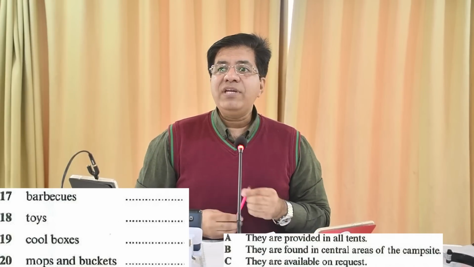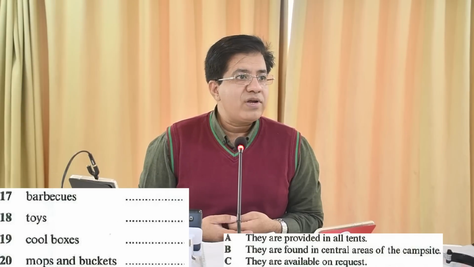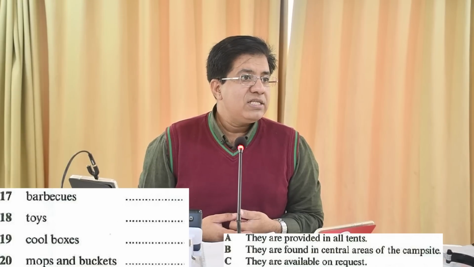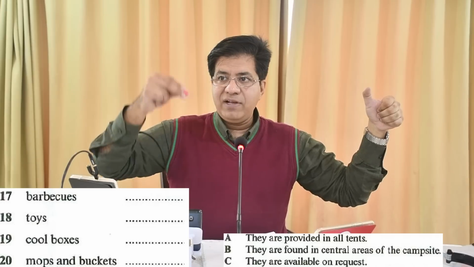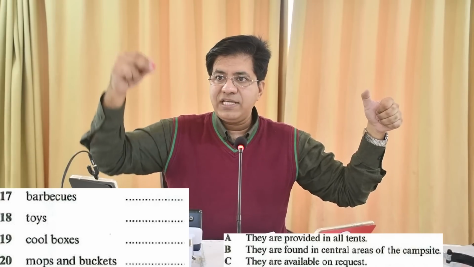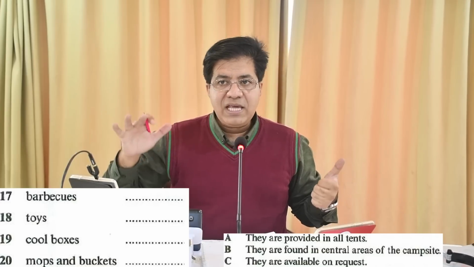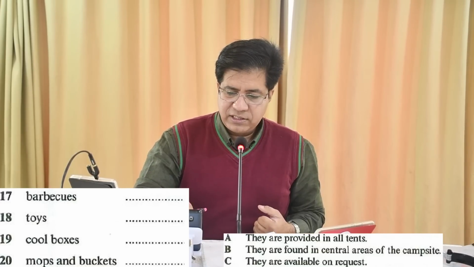And if they say we do have barbecues, but you can get them upon your request, that is option C. Now, what will you do? This hand will be on barbecue, and this hand will move, and see which option is the right one. The answer is going to be A, B, or C. Let's start. Question number 17, please.